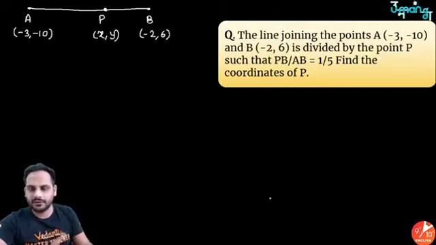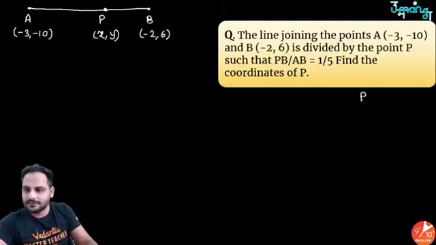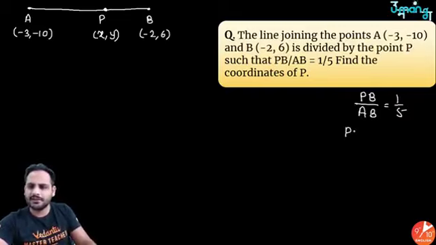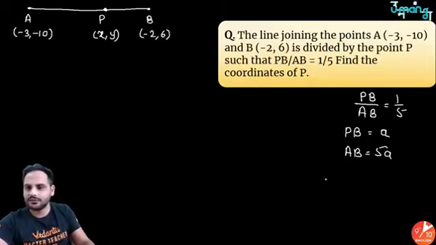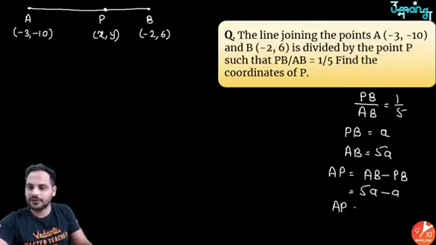Now try to understand. If PB upon AB is equal to 1 is to 5, when I know the ratio, I can clearly take PB as, suppose, a, so AB will be equal to 5a, multiplying the ratio with the common multiple small a. Correct? Now tell me, PB I know, AB I know, so I clearly know AP is equal to AB minus PB, that is 5a minus a, so AP is equal to 4a.